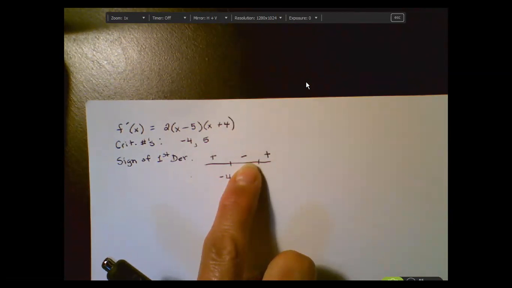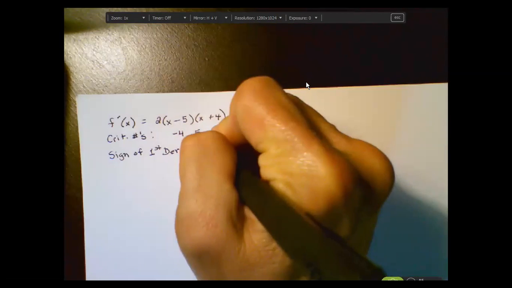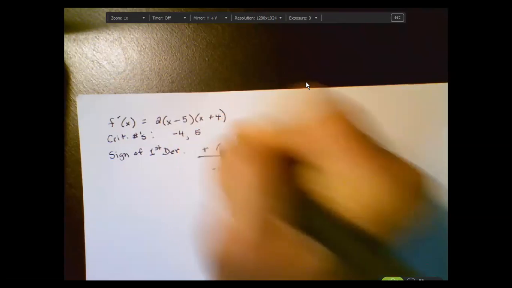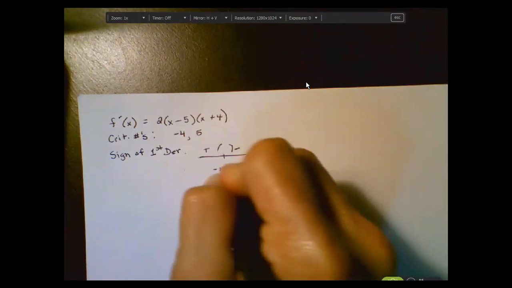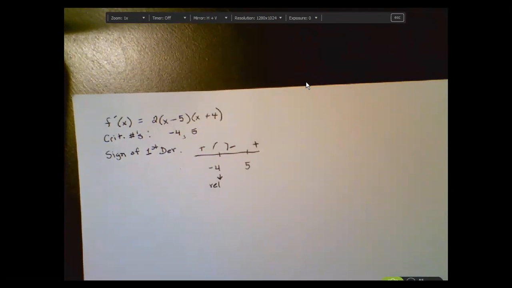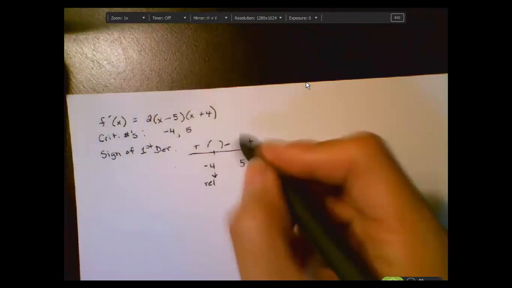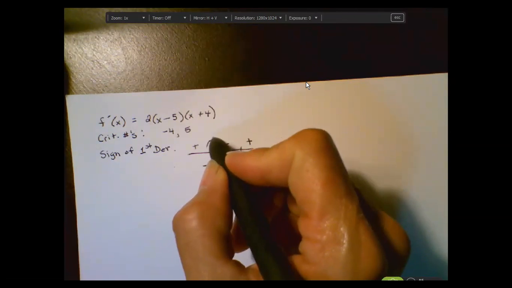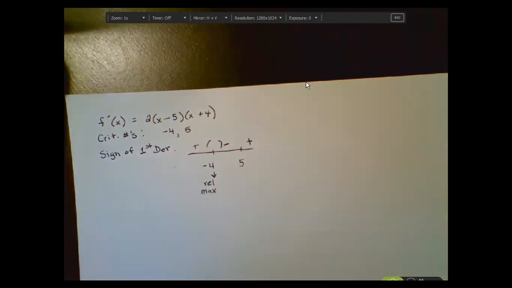And here's where I'm saying you don't have to memorize the first derivative test, because it makes sense. Wherever the function goes from increasing to decreasing, that's going to be a relative what? Maximum. Yeah, if the function was going uphill and then all of a sudden it starts going downhill, then that's going to be a relative max.